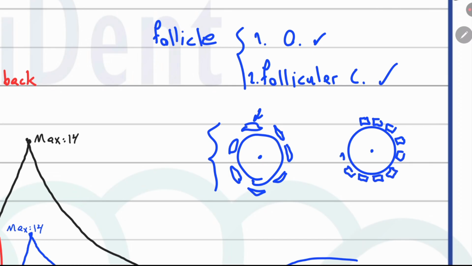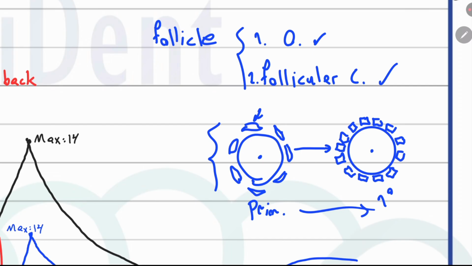See, their appearance changes from simple squamous to simple cuboidal. It's like these cells have grown and they form these structures, and these are known as primary follicles. So the primordial follicle changes into the primary follicle, and so on.